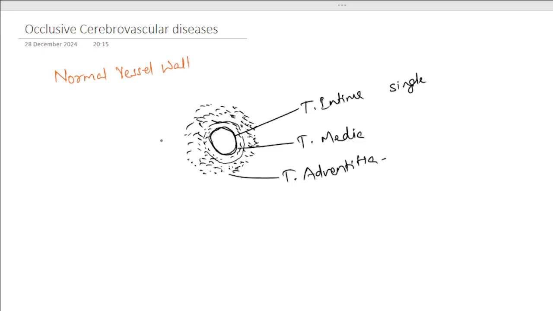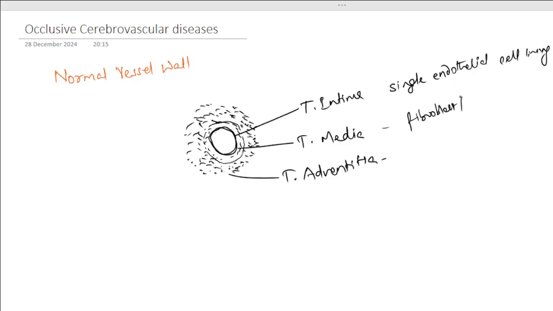It's a single endothelial cell lining, and very smooth. Well, tunica media, what does it have? It has fiber cells, then smooth muscles. So we'll be writing fibroblast.